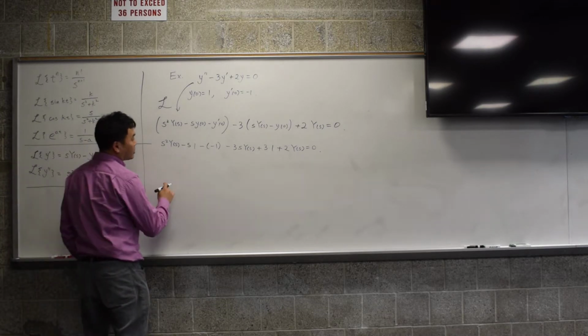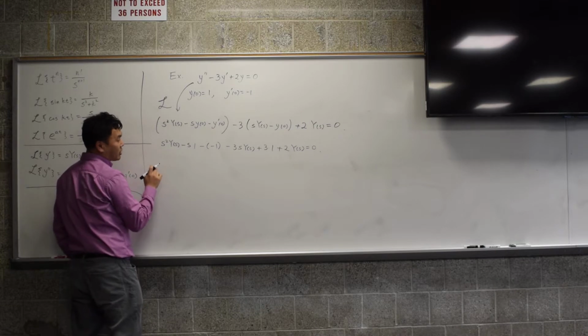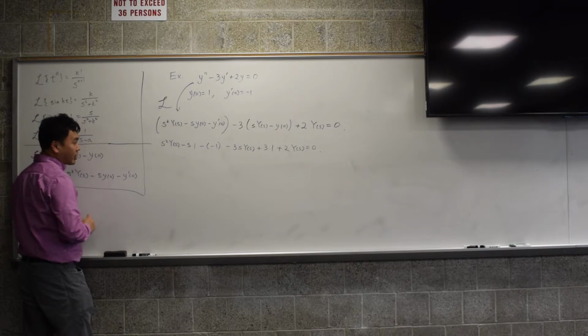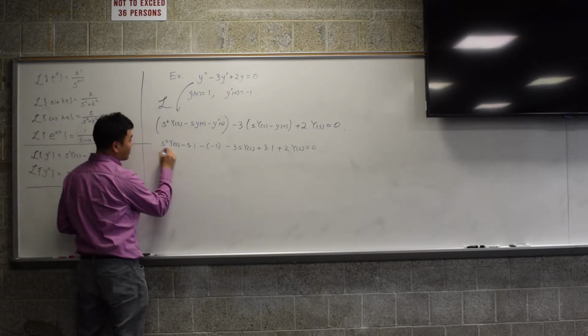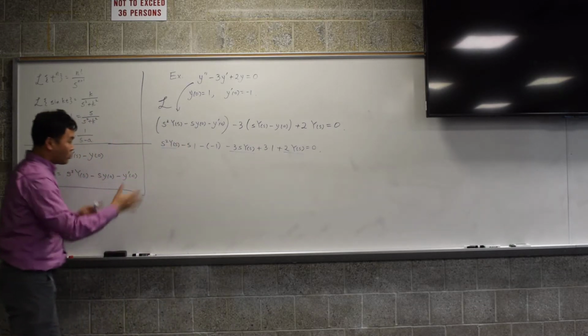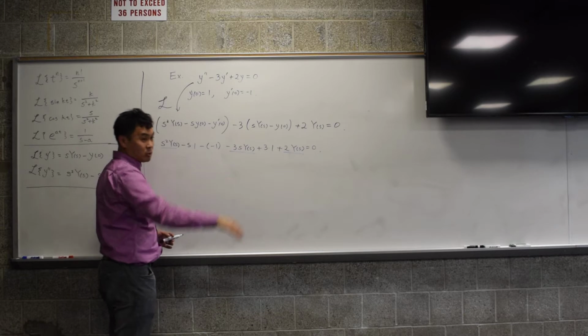Let's see. You want to eventually solve for capital Y of s. So I want to collect all these terms that have y of s in there, here, here. And those should be on one side. Everything else should be brought to the other side.